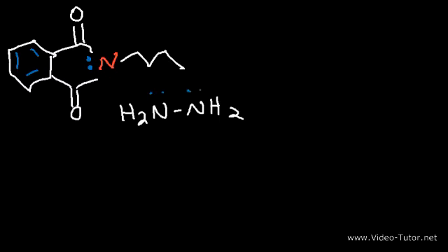The nitrogen atom in hydrazine is a good nucleophile. It has a partial negative charge, and it's attracted to the carbon atom, which has a partial positive charge. So this nitrogen is going to attack this carbon from the back, causing the pi bond to break.